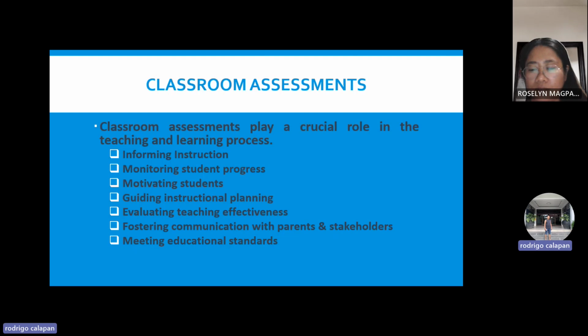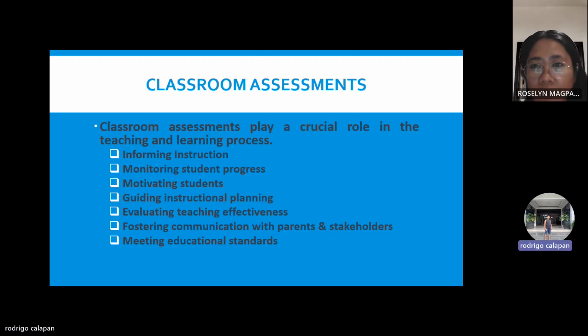This will help teachers identify students' strengths and weaknesses, allowing them to tailor their instruction to meet individual needs. And by regularly assessing students, teachers can adjust their teaching strategies and at the same time provide targeted intervention to support student learning.